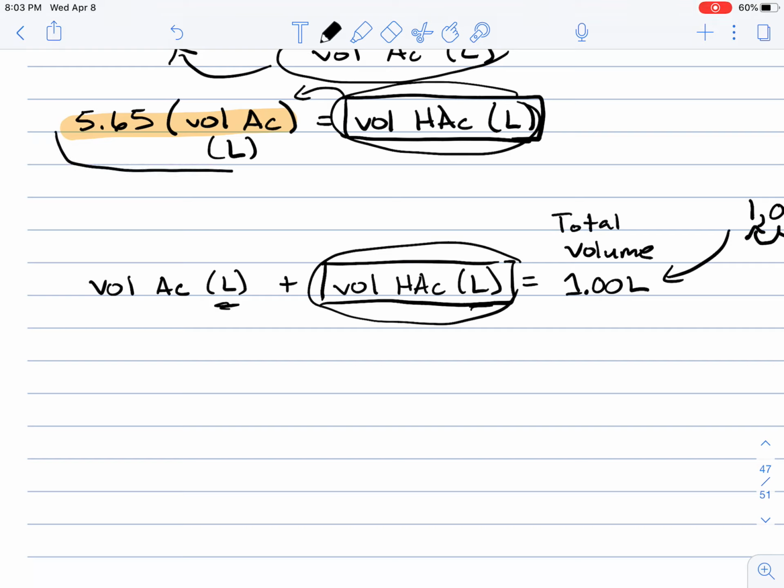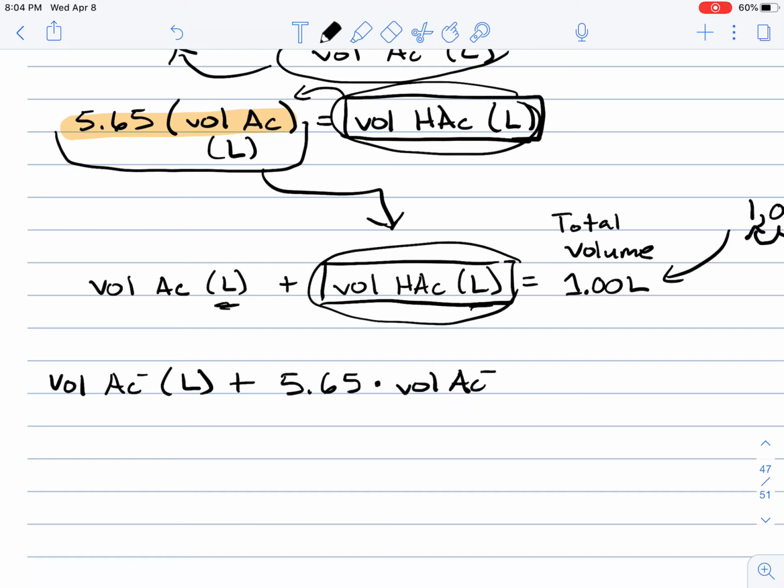I'm going to take this whole term and plug it right in there. What I get is the volume of acetate in liters plus 5.65 times the volume of acetate, once again in liters, and that's going to give me a total volume of 1.00 liters.